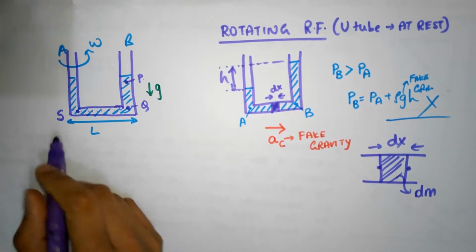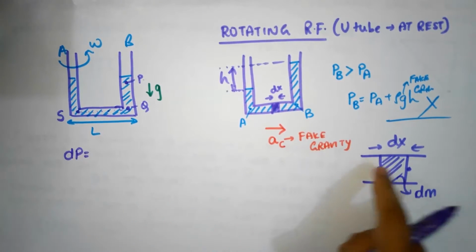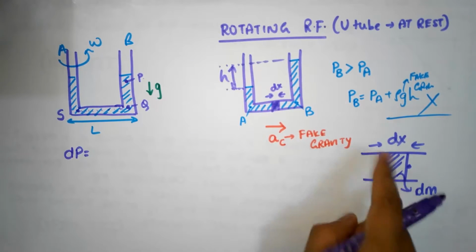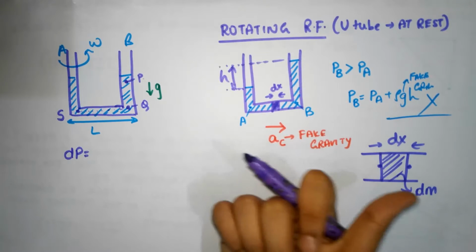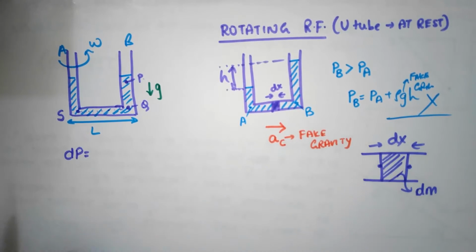So how do we calculate the difference in the pressure? Well, the difference in the pressure must be exactly equal to the pressure due to the pseudo force, right? Does that make sense?